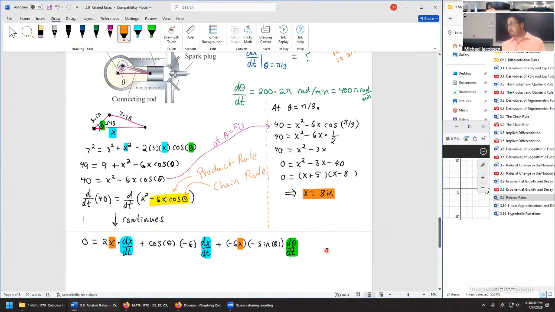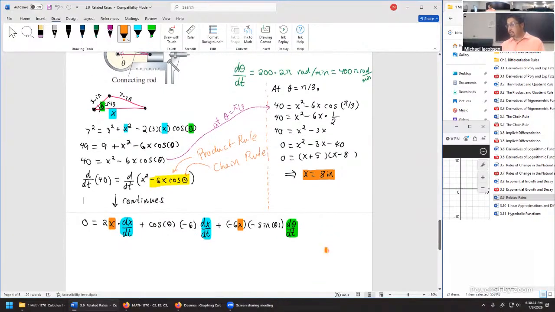Well, at this stage, let's start plugging in the information. We can now say at theta equals pi over 3, here's what we're going to get in this entire equation over here. We have 0 equals 2 times 8 inches, let me highlight that in orange, just to show where that value came from, times dx dt, that's the unknown.